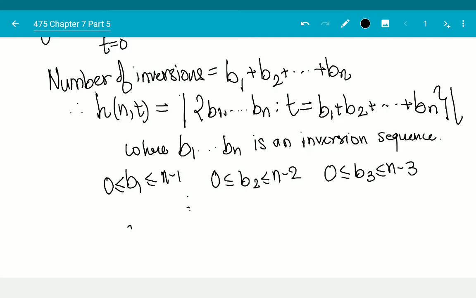So I get that 0 is smaller than or equal to bi, which is smaller than or equal to n minus i, right? So therefore, eventually, I am going to get that 0 is smaller than or equal to bn, which is smaller than or equal to 0.